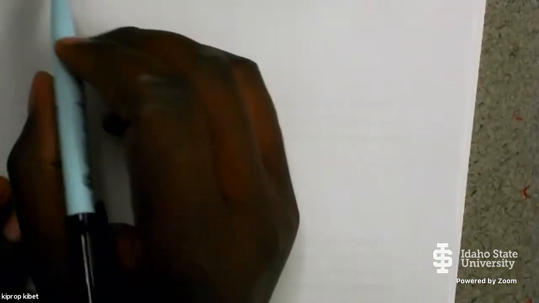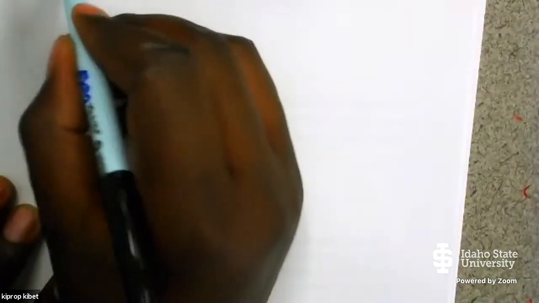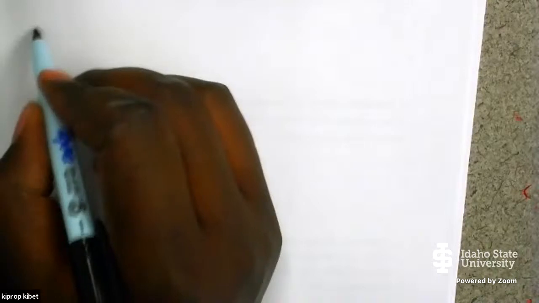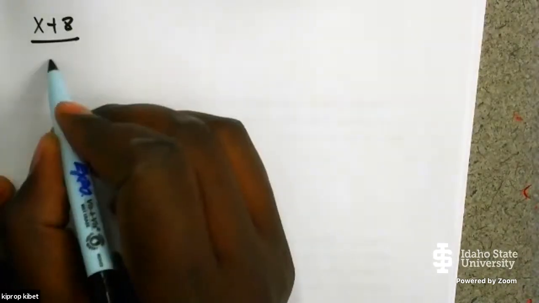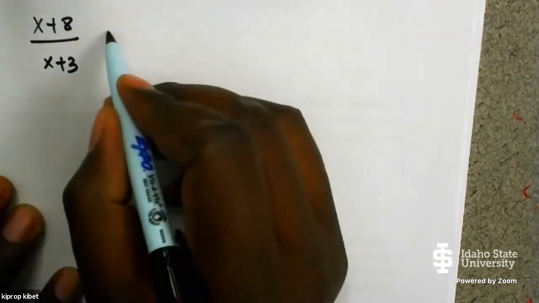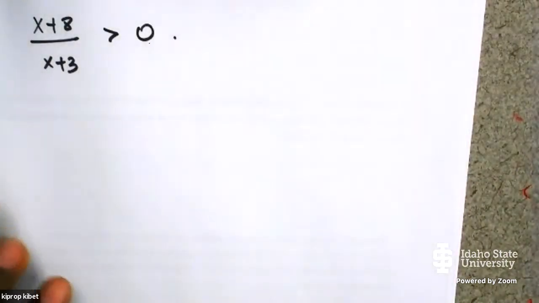So let's look at the next example here. Example number 3: x plus 8 all over x plus 3 greater than 0.